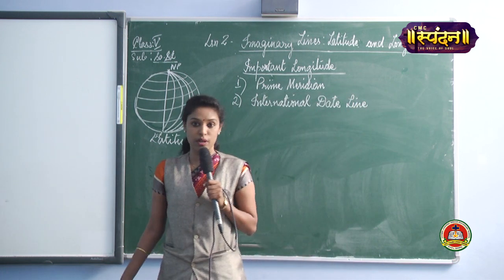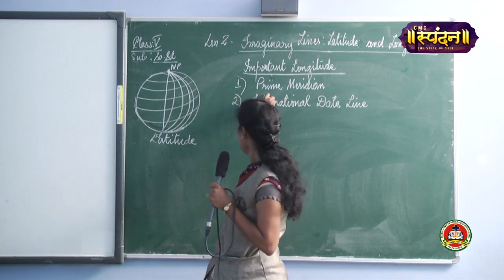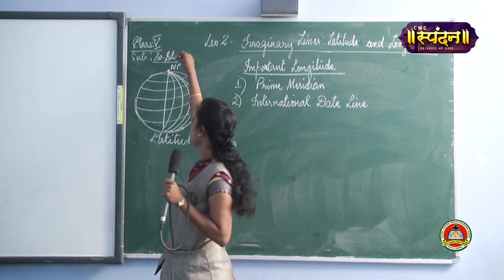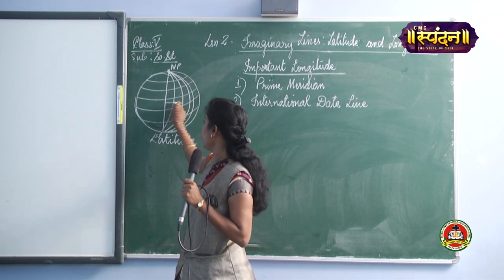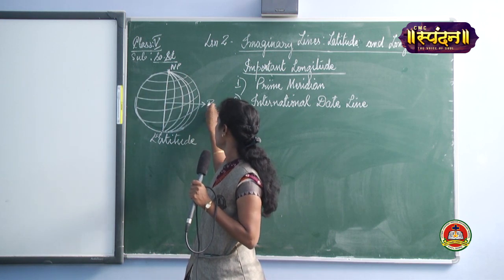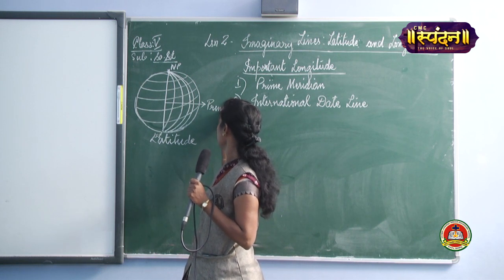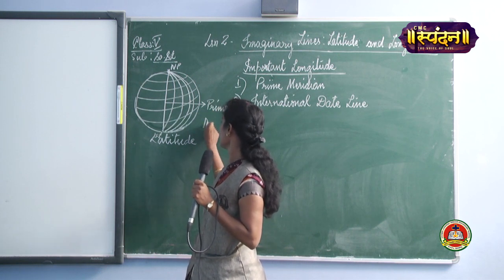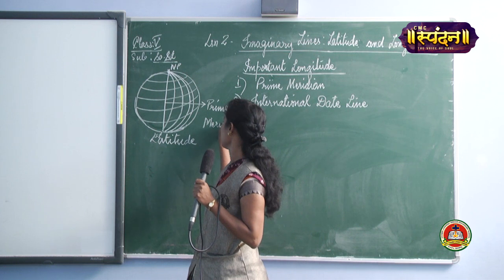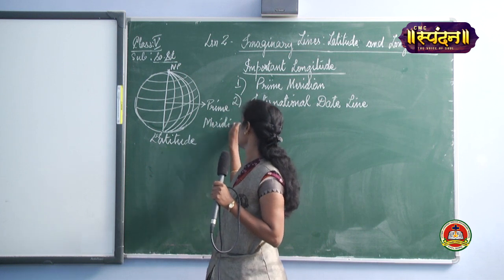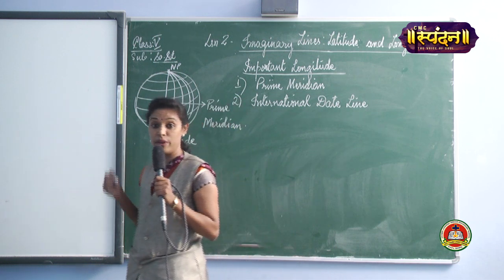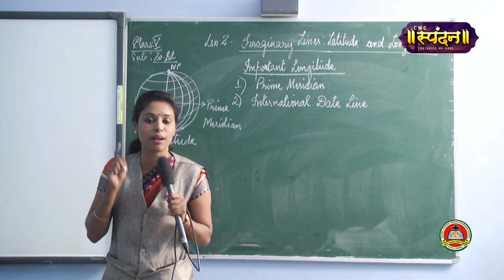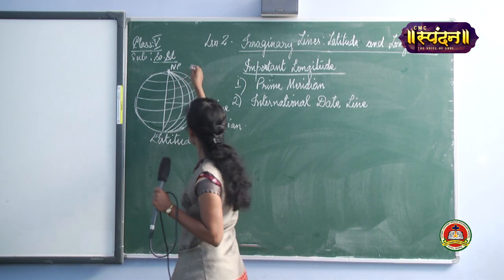Your prime meridian is the only line that joins straight from your North Pole to your South Pole. And prime meridian is always marked as 0 degree.